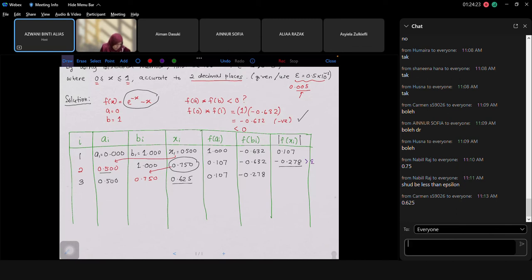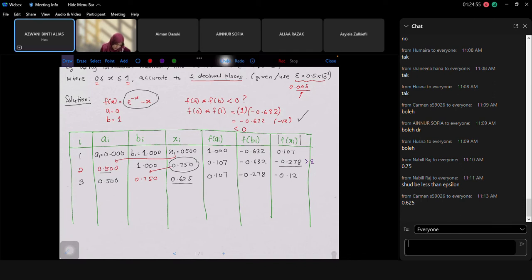Saya dah kira you akan dapat 0.128. Betul tak? Silap.